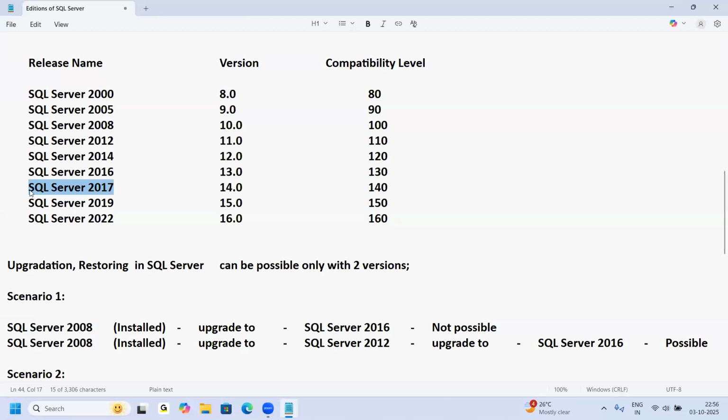Possible, you can. 2022 becomes a second version. 2025 is expected very shortly. If you have 2017 in your laptop and you are trying to upgrade to 2025, no, not possible. 2025 becomes a third release, third version. So you cannot upgrade. Is this clear? Yes, sir.